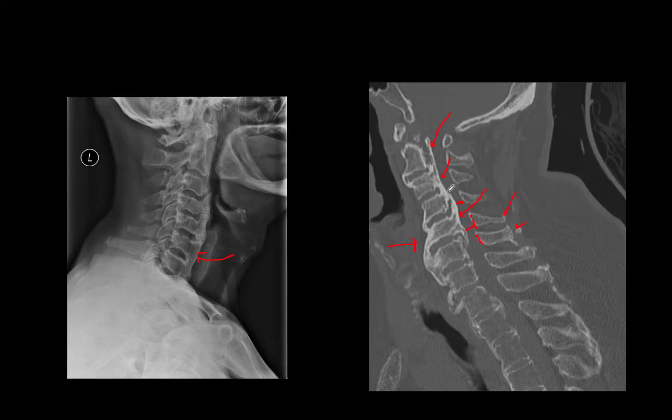Is there a syringomyelia? Is there cord softening? We call that myelomalacia. And these are definitely contraindications to adjusting the cervical spine if OPLL is present. So this is something to look for. DISH patients generally should not have neurologic deficits, but if they do, consider OPLL may be present.